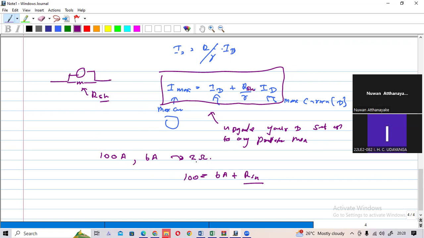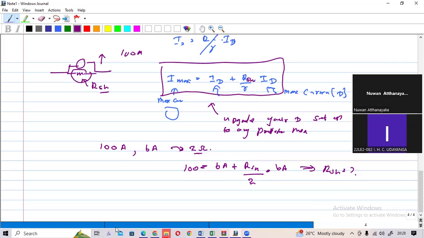Small r, that is the internal resistor, is 2. Then again the maximum current. So here you can calculate RSH, the shunt resistance. So simply, if you connect a shunt resistor in parallel, you can upgrade to 100 ampere. So that is very easy.